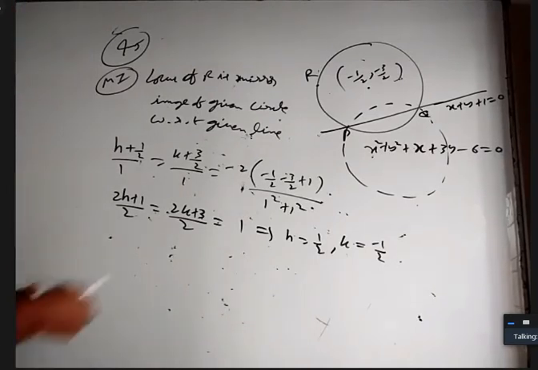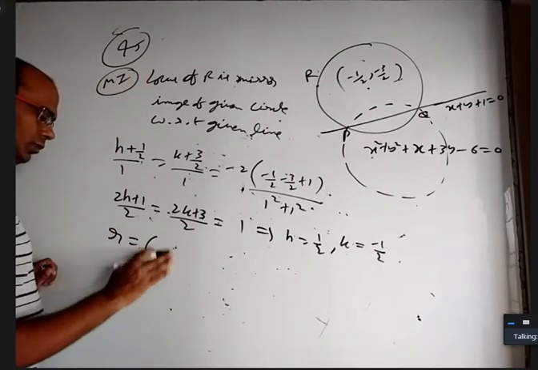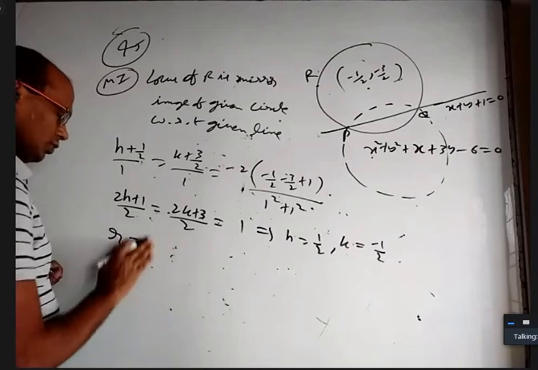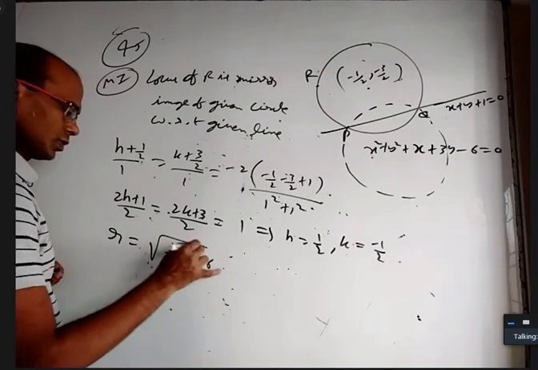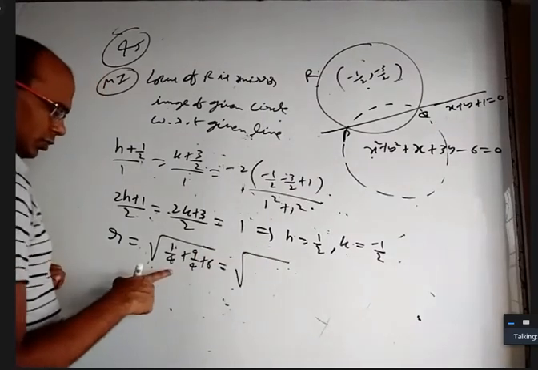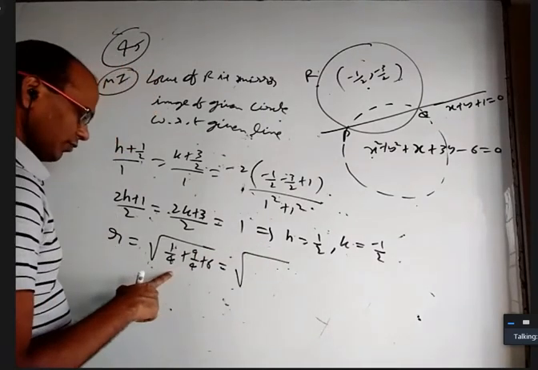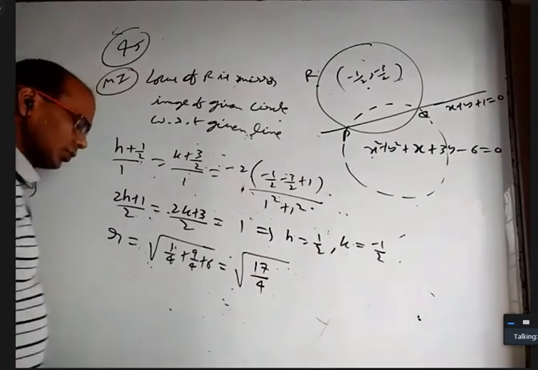Okay, that's it. And the radius will be root over 1 by 4 plus 9 by 4 plus 6, which is 10 by 4 plus 6, that is 17 by 4.